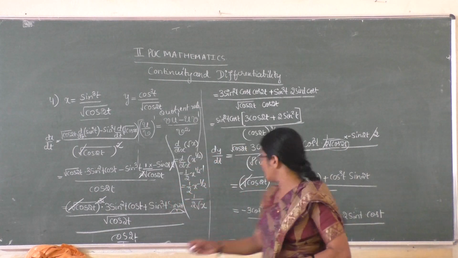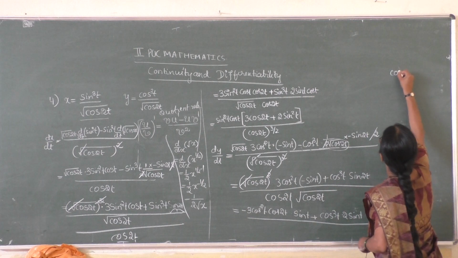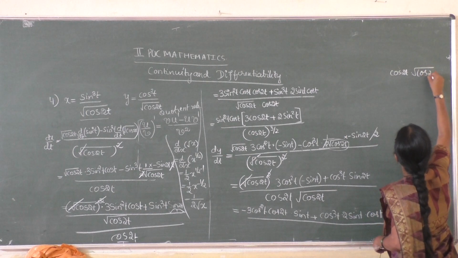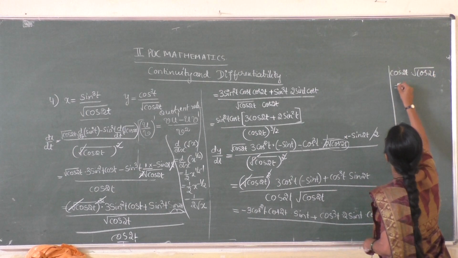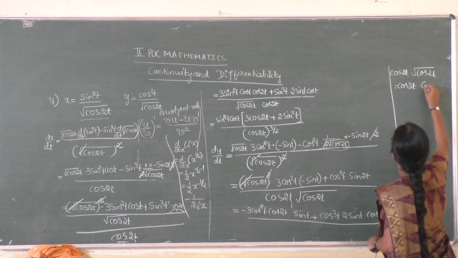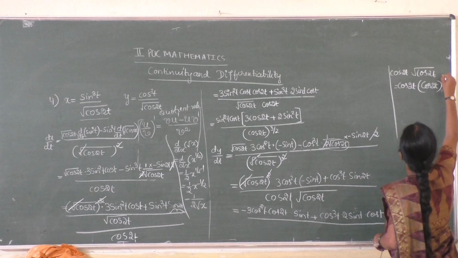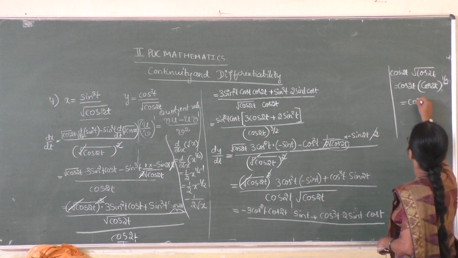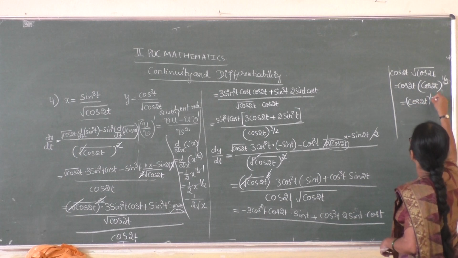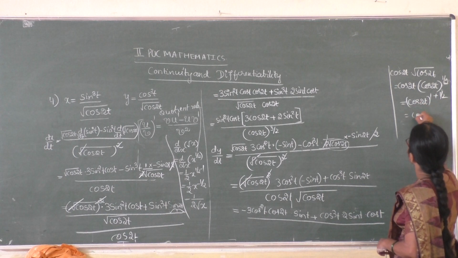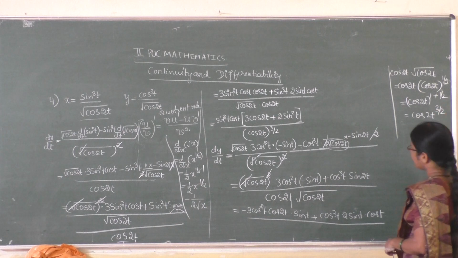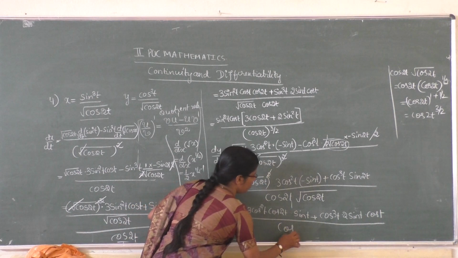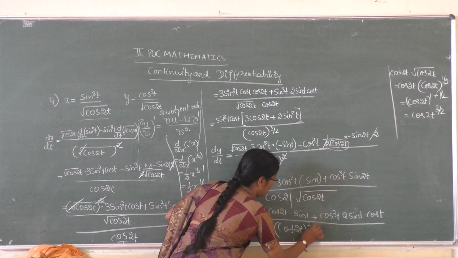If you have confusion, see here, cos 2t into root cos 2t, that is cos 2t into cos 2t to the power half. So here power 1, here power half. So using the theory of indices, this becomes 1 plus half, so that is cos 2t to the power 3 by 2.